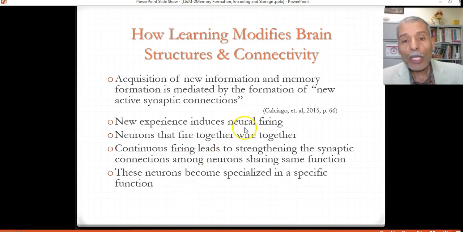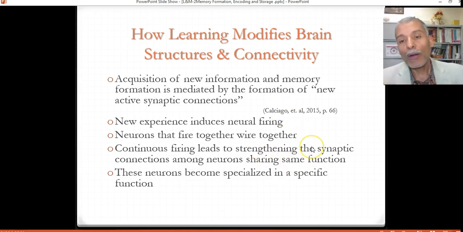Also, new experience induces firing. So new experience stimulates the firing of neurons, so that the only way they know how to connect well is by constantly being activated.